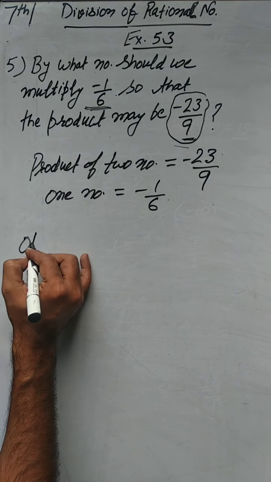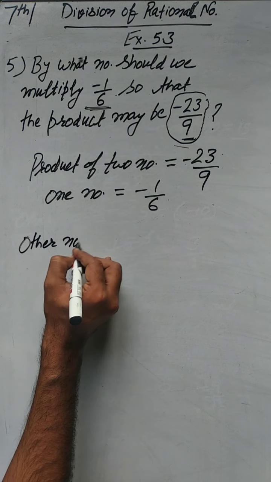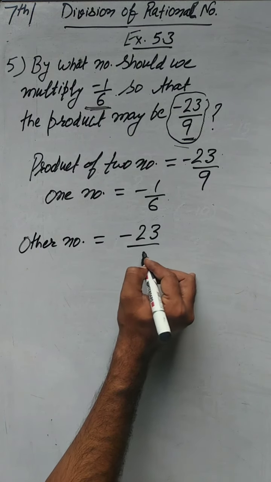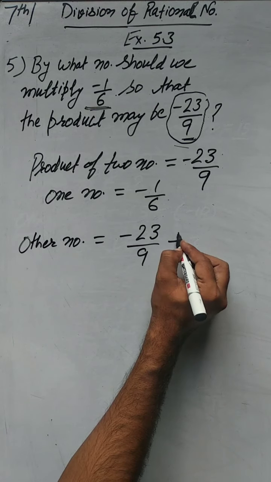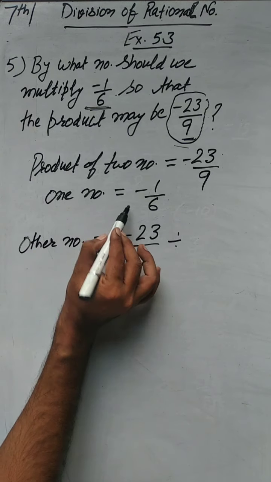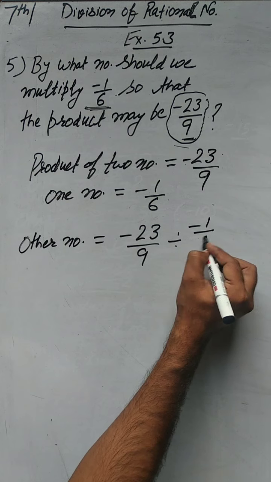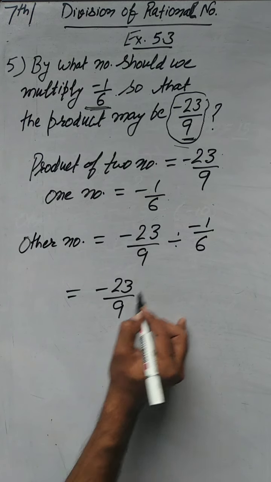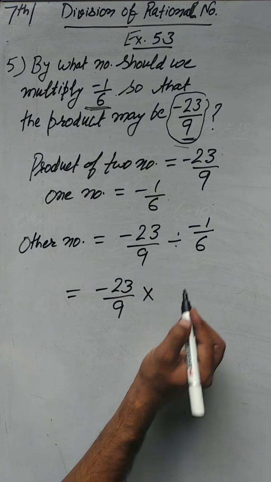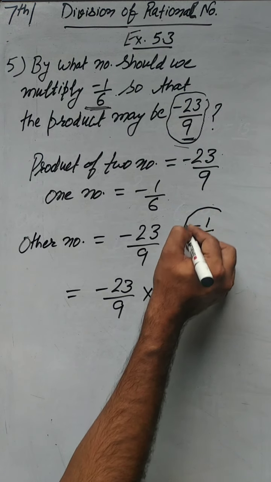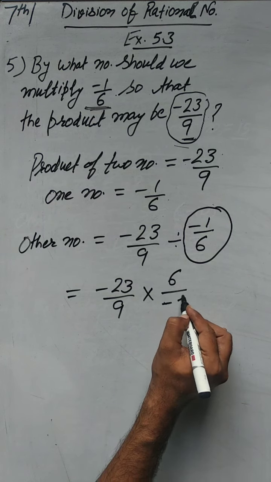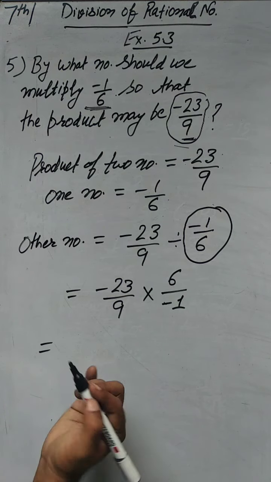So beta, as in questions third and fourth, the other number will be equal to the product, minus 23 upon 9, divided by the one given number, minus 1 upon 6. So beta, division will be changed into multiplication, and here we take the reciprocal of minus 1 upon 6. The reciprocal of minus 1 upon 6 is 6 upon minus 1.